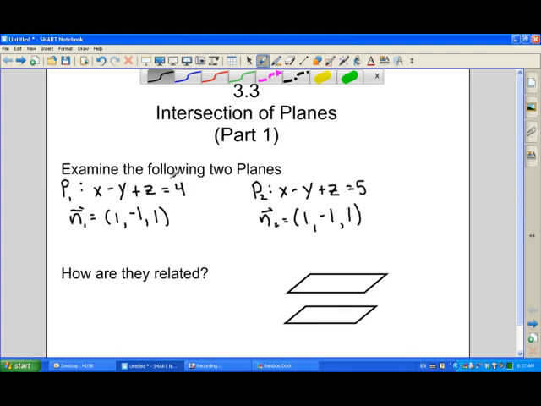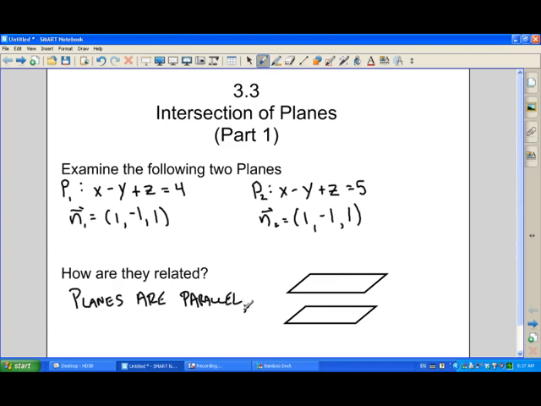So imagine this is a plane that's been shifted 4 units up. This is a plane that's been shifted 5 units up. And we can say that these planes are parallel with no intersection.